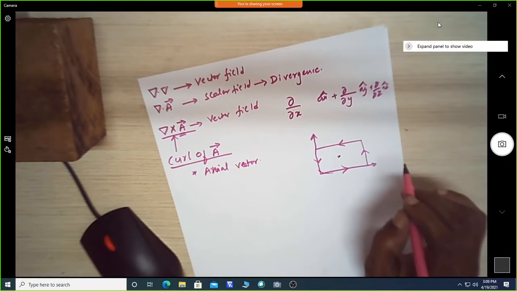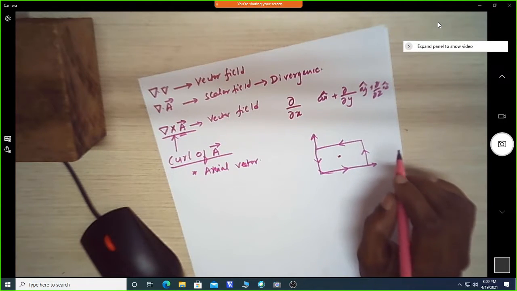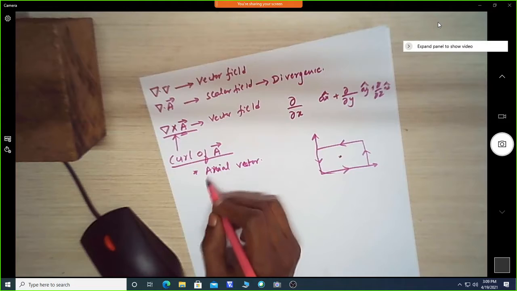So the curl is an axial vector. Now what is the magnitude of this axial vector, the curl of a vector A?